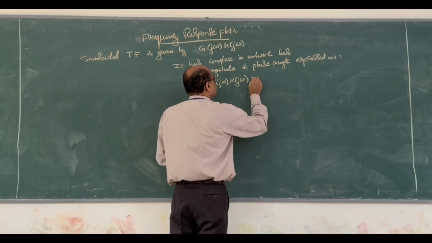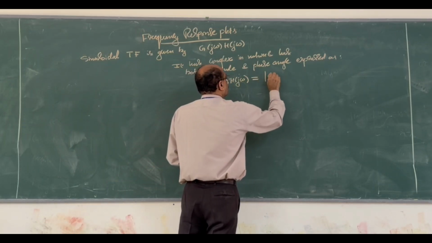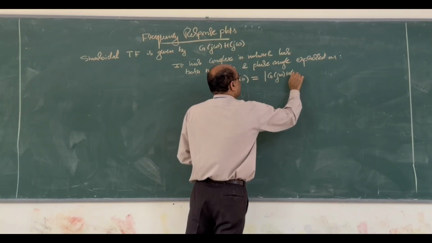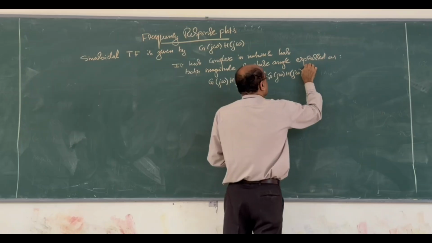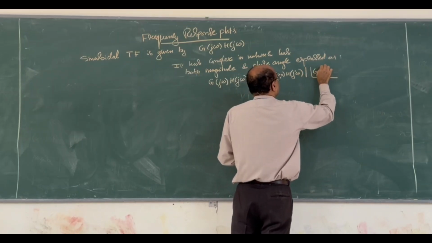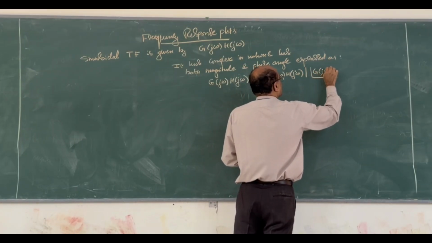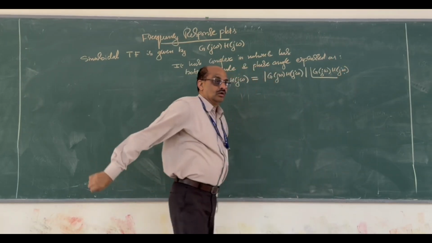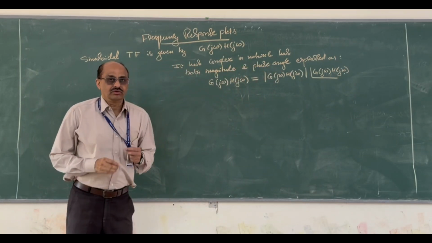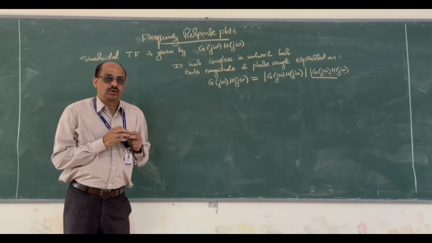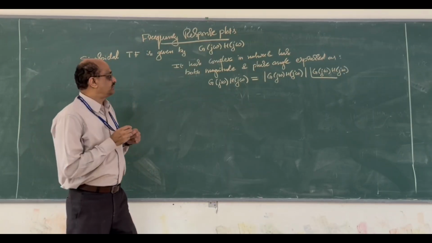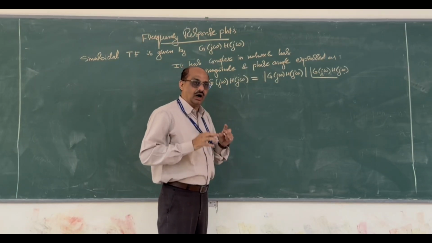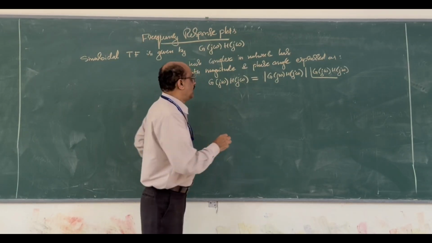G(j omega) H(j omega) has a magnitude and an angle. Now it is very simple to see that both the magnitude and the phase angle of G(j omega) H(j omega) are functions of omega.